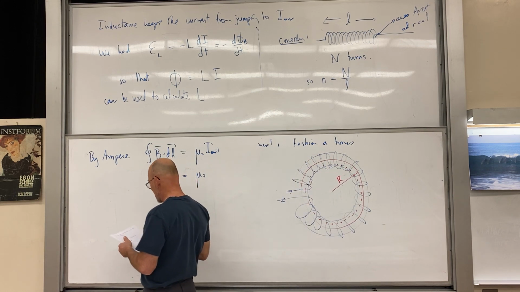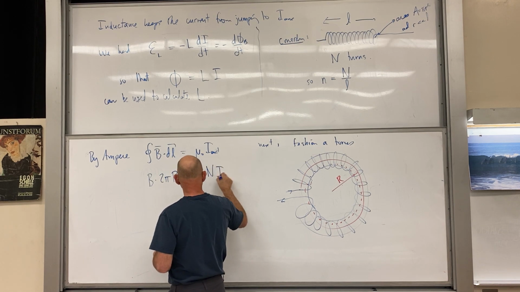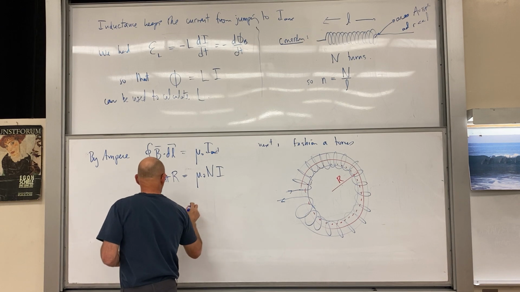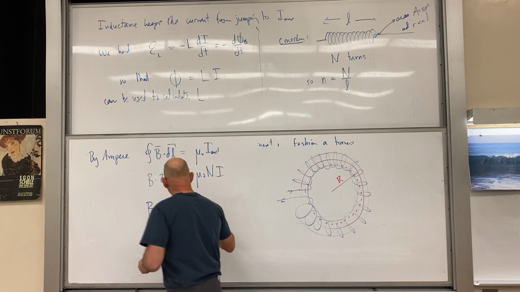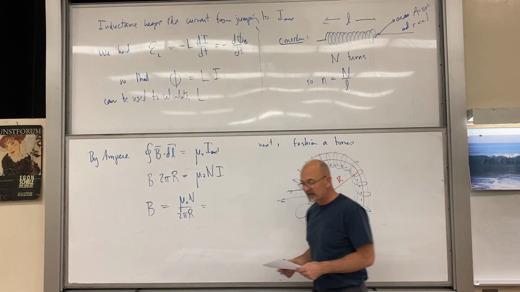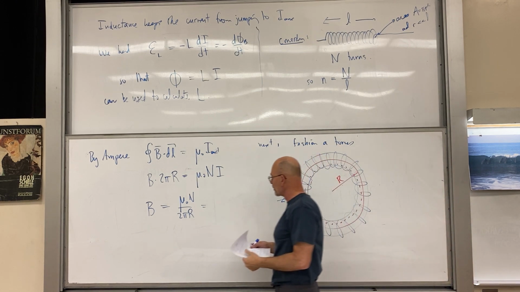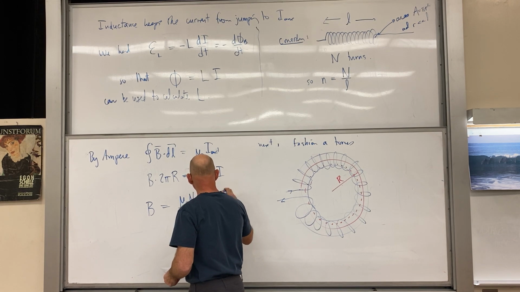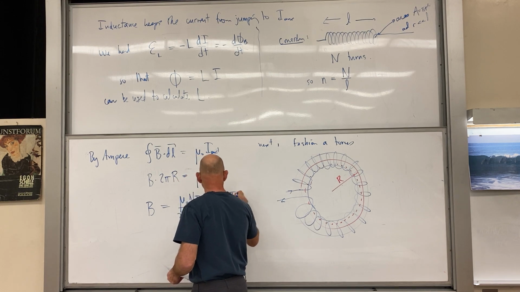So mu naught N I. For the field, I'll just divide here, so I'll have mu naught N over 2 pi R, but this 2 pi R is really just the same as this original L up there, because I turned the thing into a torus, so I have mu naught N over L, and of course I have the current there, times I as well.